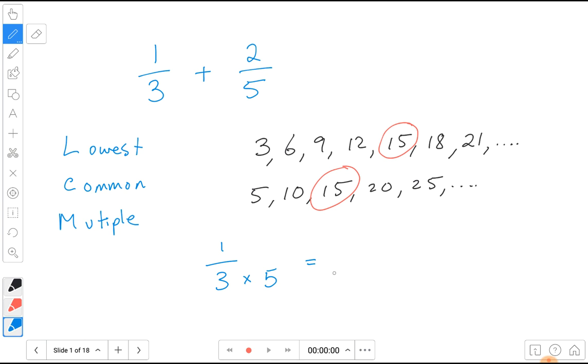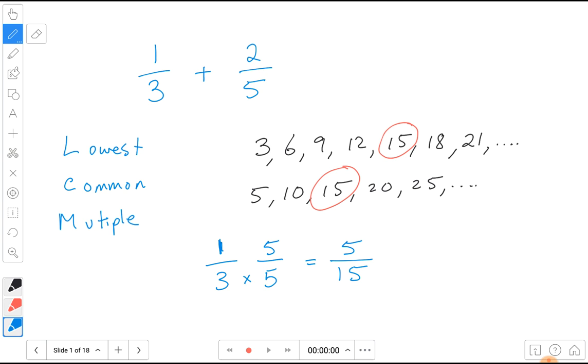If I multiply 3 by 5, I also need to multiply the numerator by 5 so that I have the same fraction. 1 times 5 is 5. So 5/15 is the same as 1/3. 1/3 is the reduced form of 5/15.